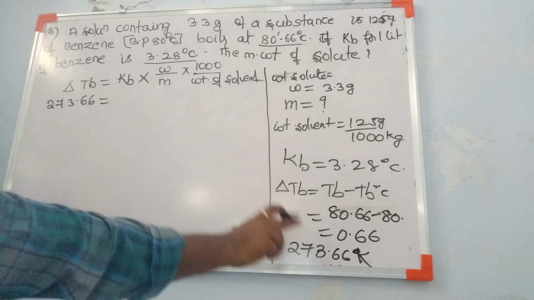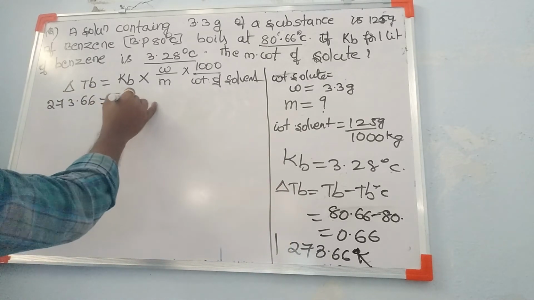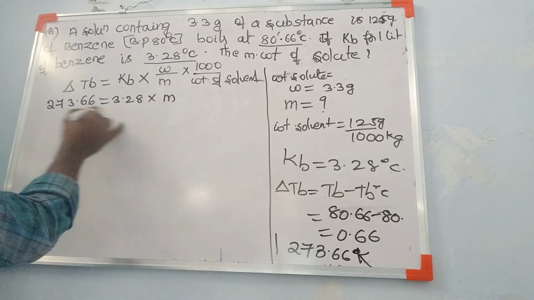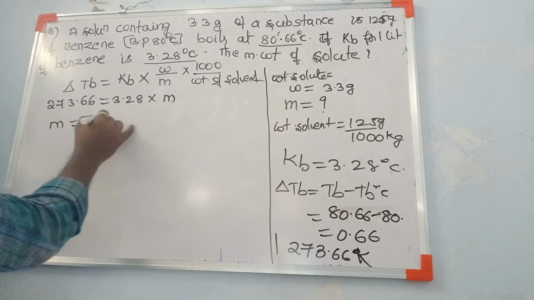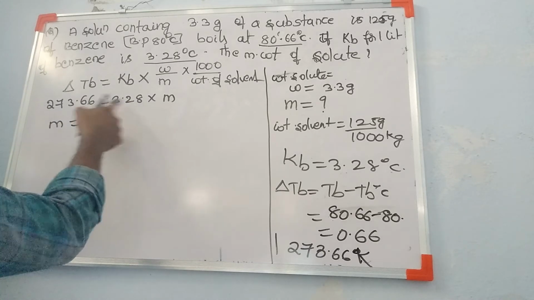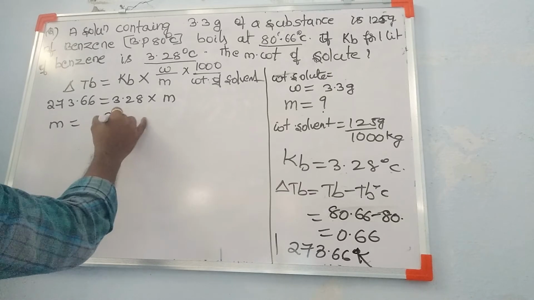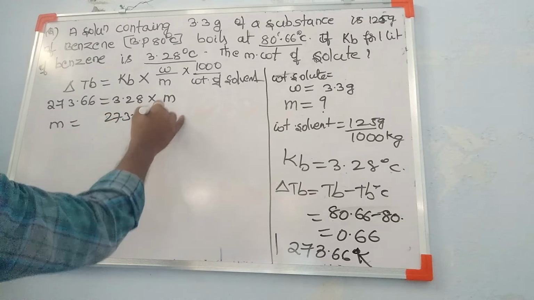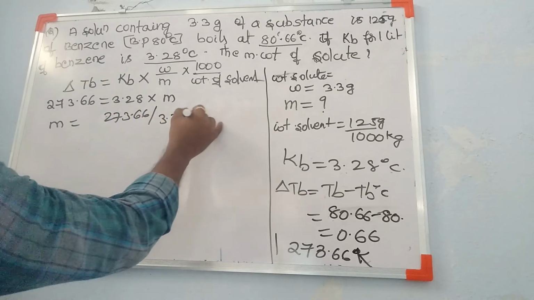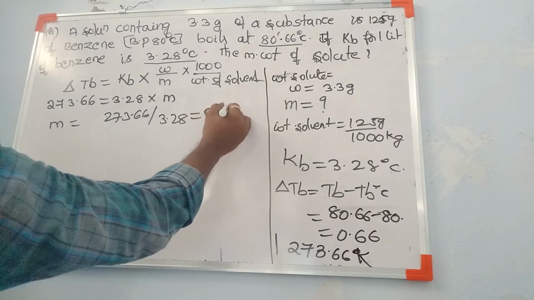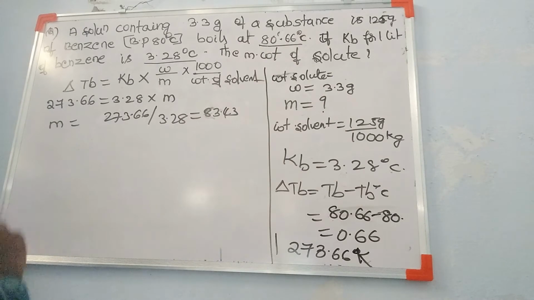Kb is 3.28 into molality. So molality equals 273.66 upon 3.28, you will get 83.43.